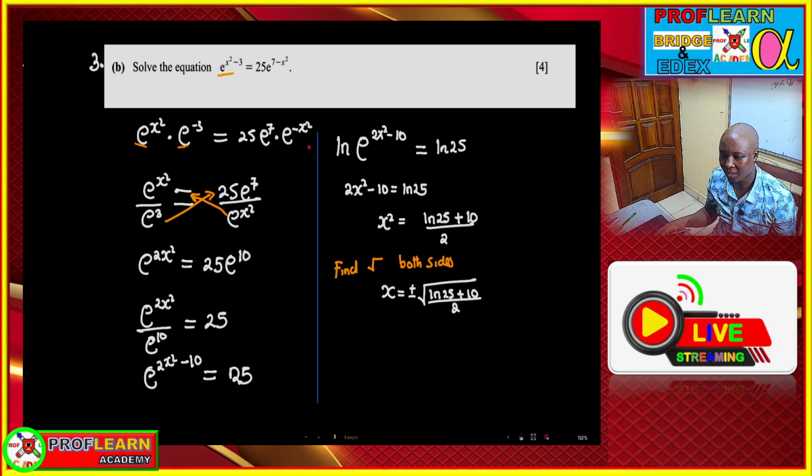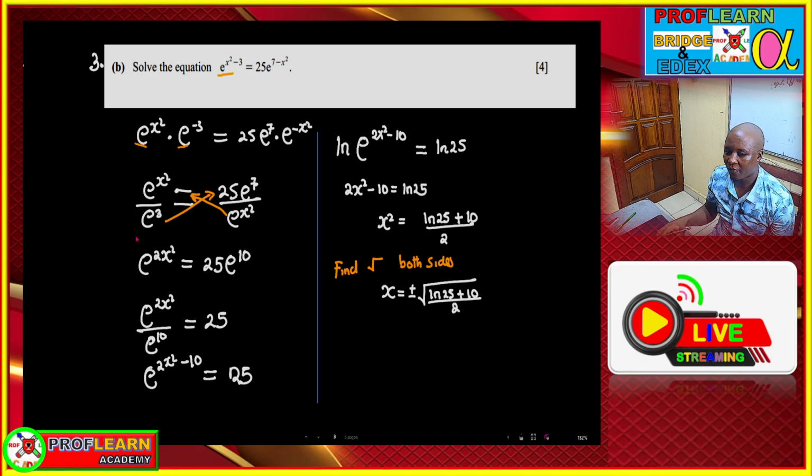And also I split this. Then I decided to multiply this on the other side and also multiply this on this other side. So I ended up having e^(2x²) and 25 e^(10), right?